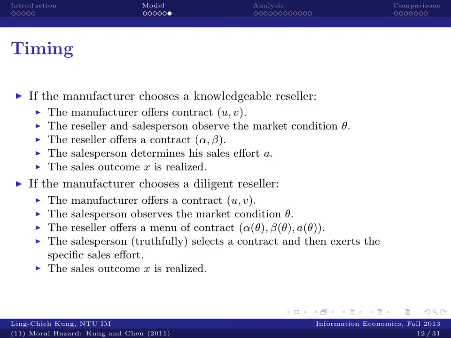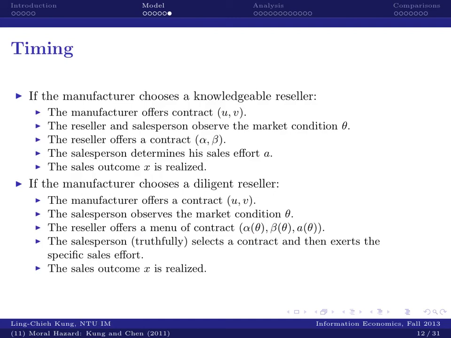If the manufacturer chooses to cooperate with the diligent reseller, in that case, again, the manufacturer first offers the contract, and then only the salesperson will observe the market condition. Then the reseller can design a menu of contracts in this way. Because the reseller does not observe the market condition, there is an adverse selection problem. That's why there is a menu of contracts.